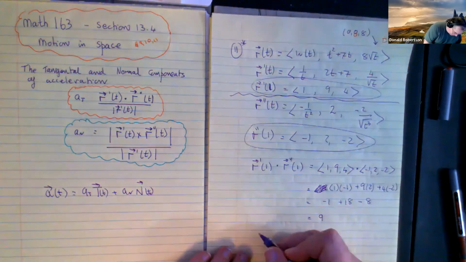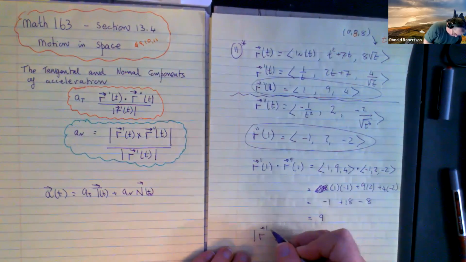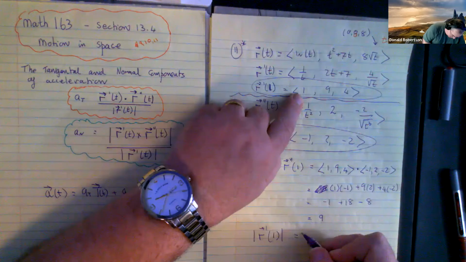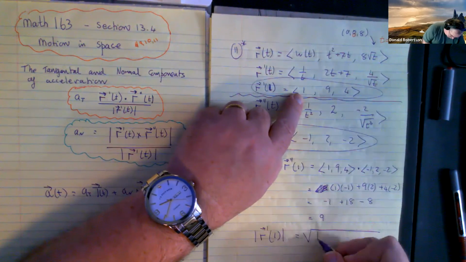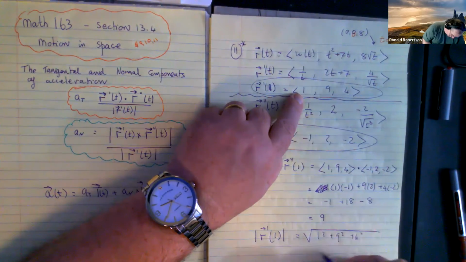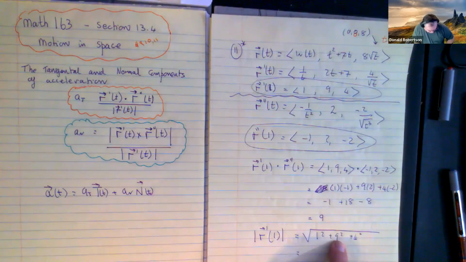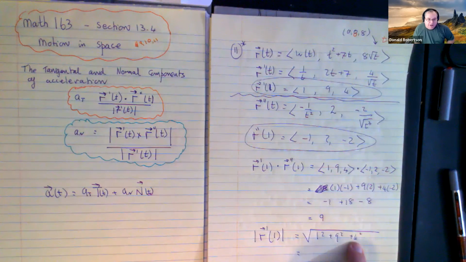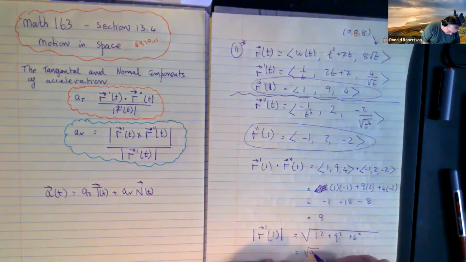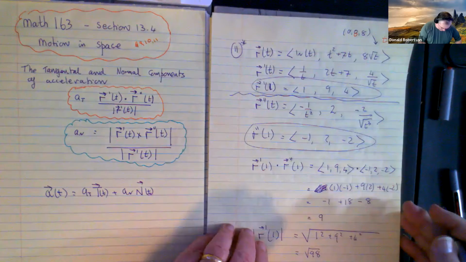Okay. And I also need to find the magnitude of the first derivative at 1. So I need to find the magnitude of this guy. So that's 1 squared, 9 squared, and 4 squared. That's 81 and 16, 97, 98. So I have the square root of 98.